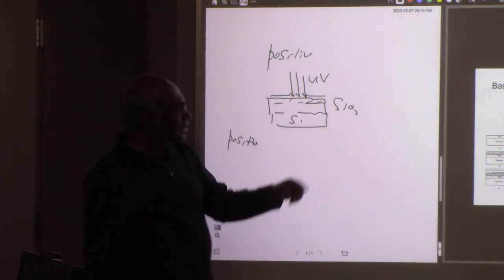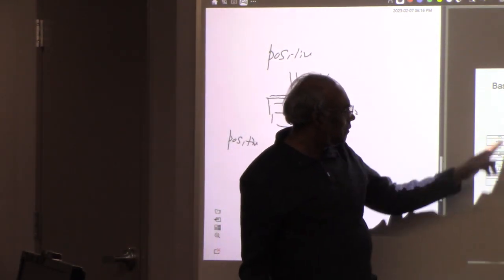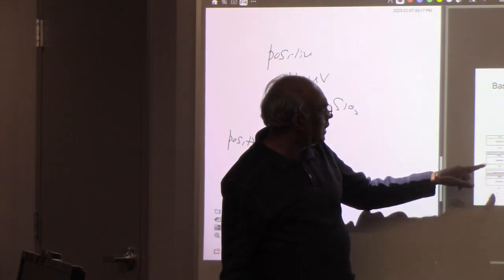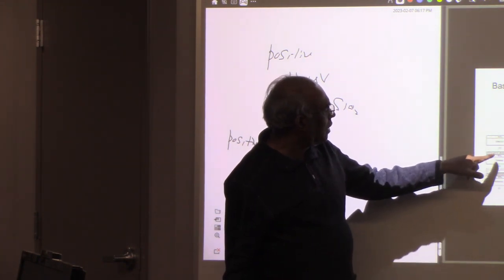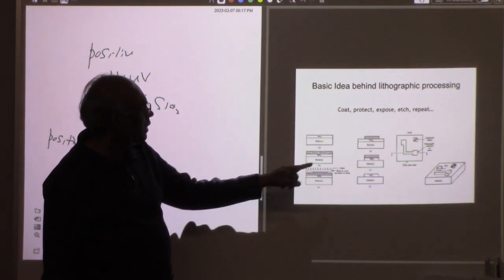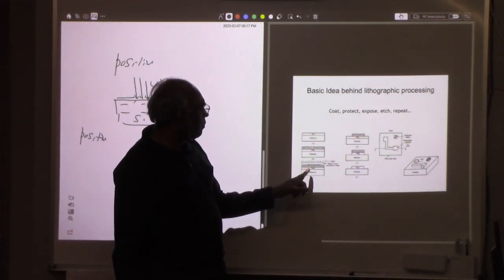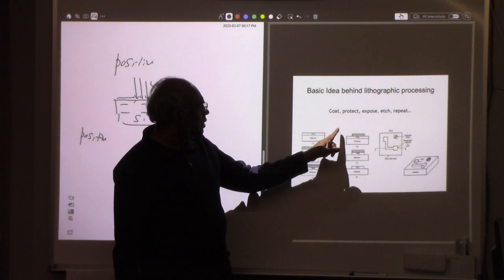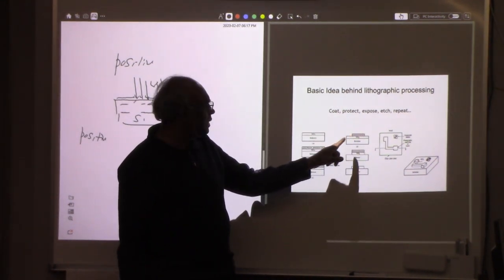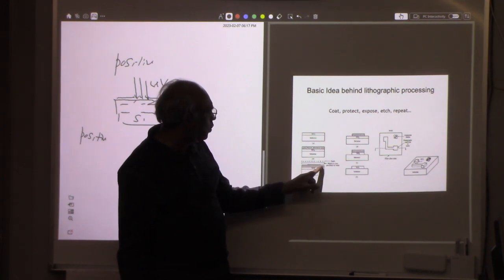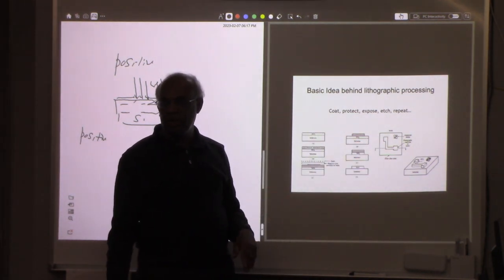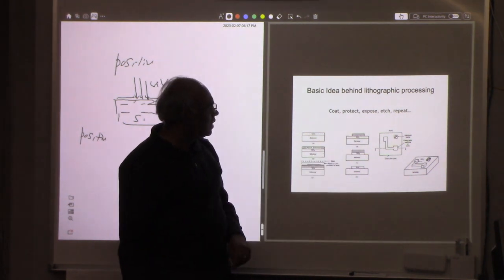So in this example, this is a negative photoresist. You can see silicon, then silicon dioxide, then this negative photoresist. Now I expose with this pattern and put it in the developer. Since this is a negative photoresist, the unexposed part will dissolve, right? You can see it like this.